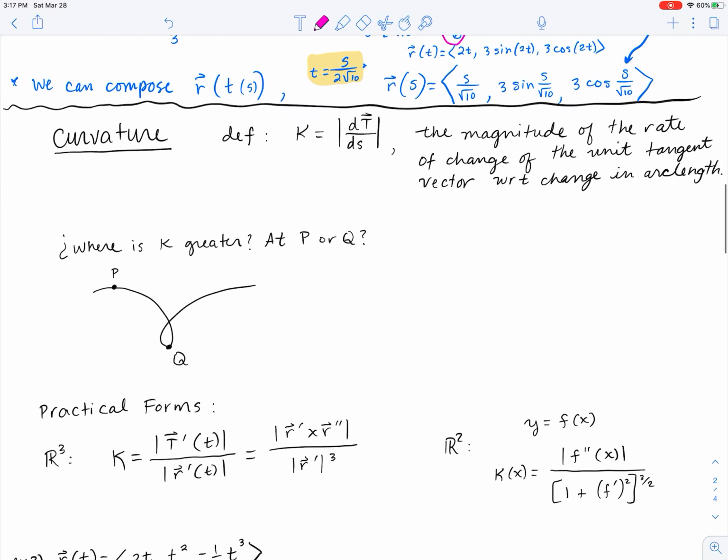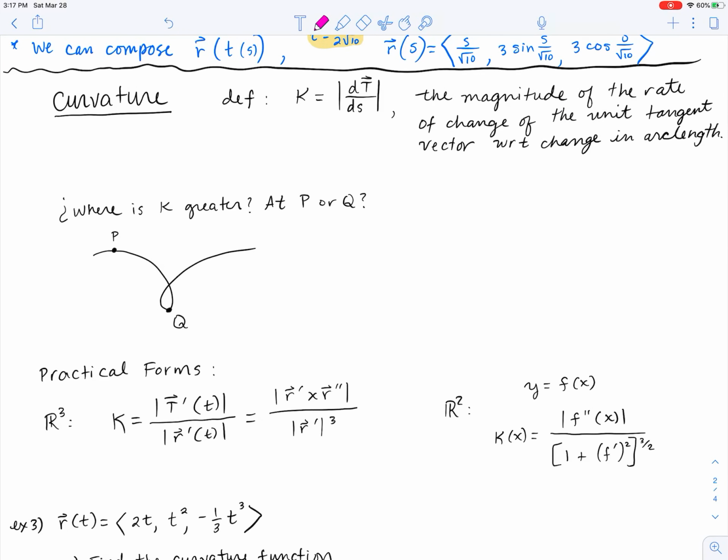The next topic is curvature. So what we have here is a definition that, even though it looks like a formula, is not a useful formula because calculating this derivative isn't practical. We use the Greek letter kappa to represent curvature, and it is the magnitude of the rate of change of the unit tangent vector with respect to change in arc length.